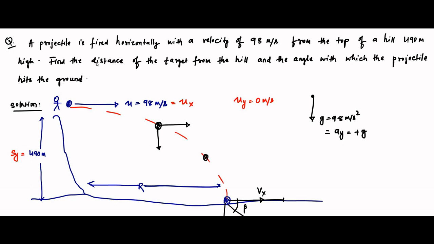So here we have to calculate the time of flight, the entire duration for which the projectile was in the air. So you can determine it through the equation s is equal to ut plus half at square. You can write it for the y-axis, that is Sy is equal to uy t plus half ay t square.